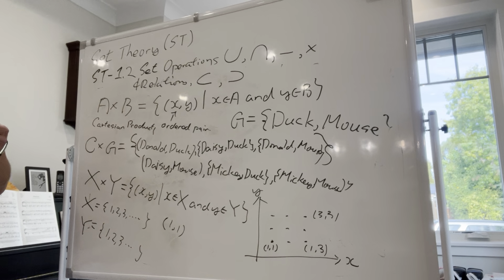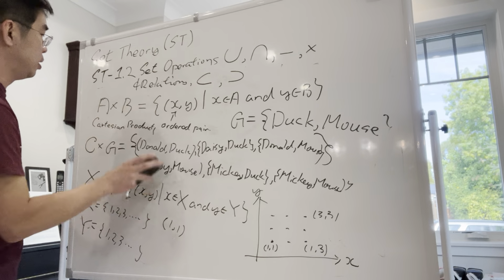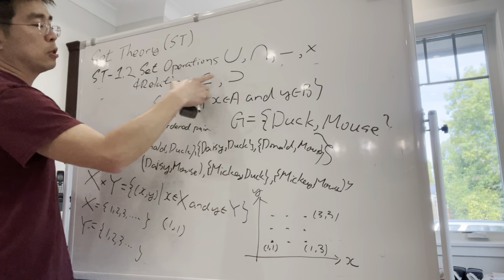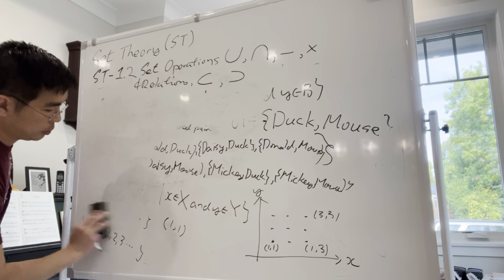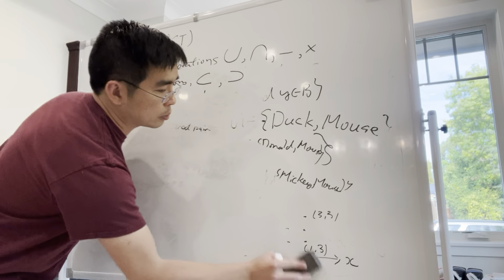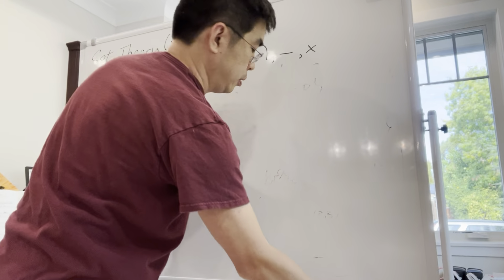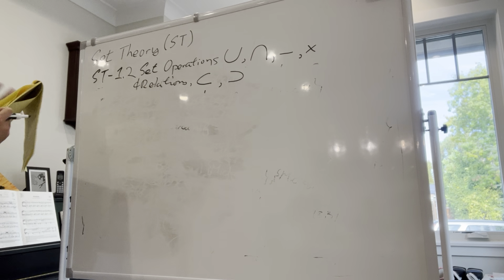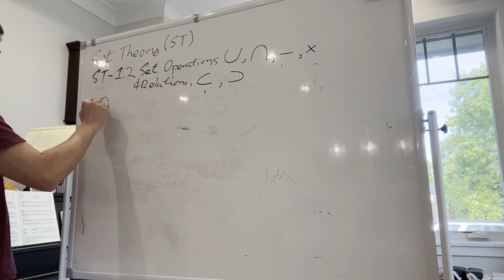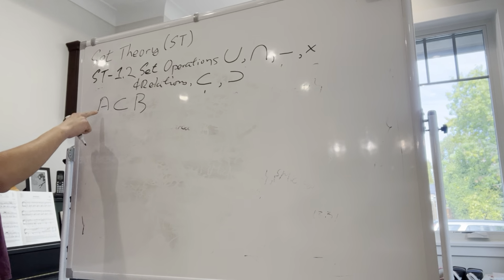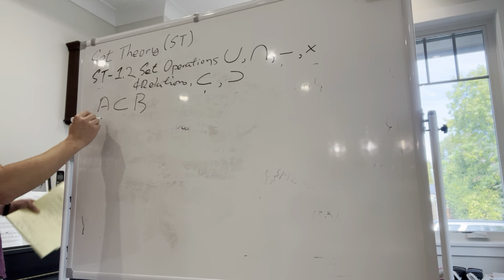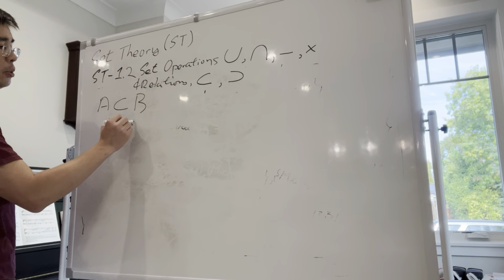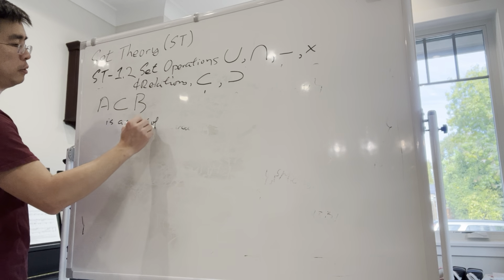So to finish the second subsection, I want to introduce one more notation, which is very simple, which is this symbol. Whenever you have 2 sets, you say A is a subset of B. So this symbol is called a subset.